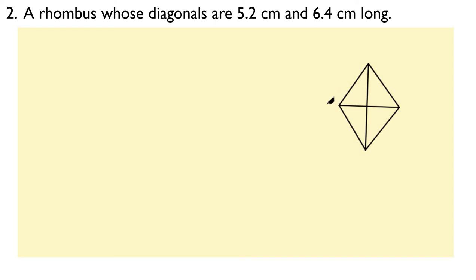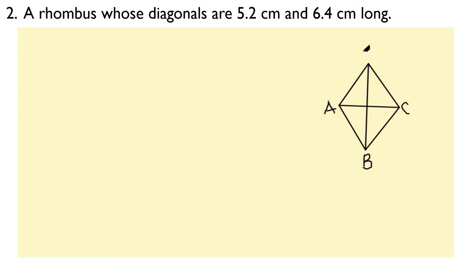We mark the vertices as A, B, C, D. So we select the name of the rhombus as rhombus ABCD.